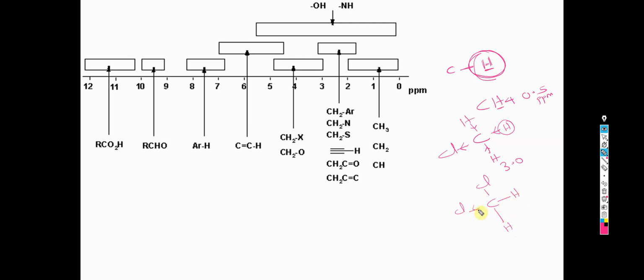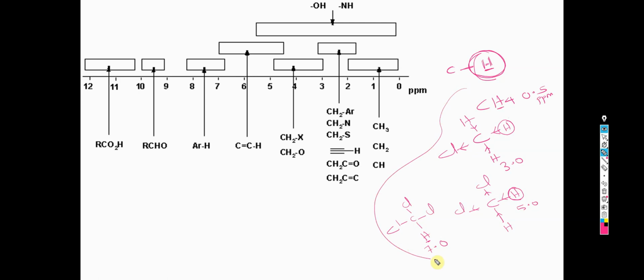The two chlorine atoms withdraw electrons from the carbon, which in turn takes more electrons away from the hydrogens and reduces their electron density even further, and therefore these two hydrogens are going to appear at 5.0 ppm. Now guess what happens when you convert the last hydrogen into a chlorine also and look at the NMR spectrum. Now this hydrogen is going to appear at 7.0 ppm.